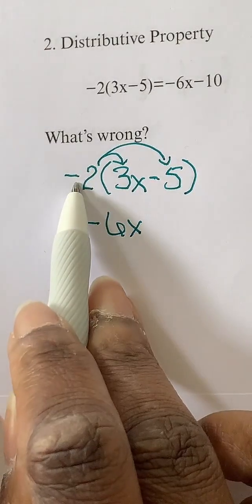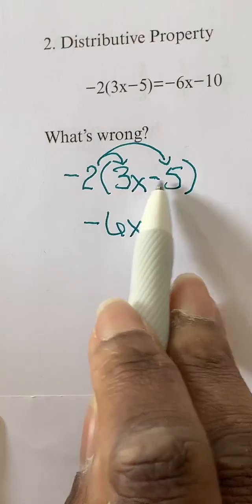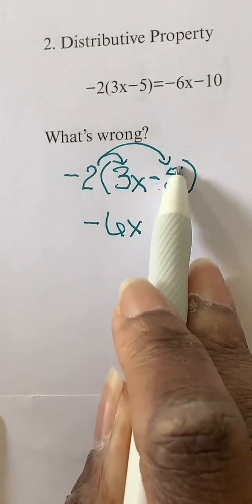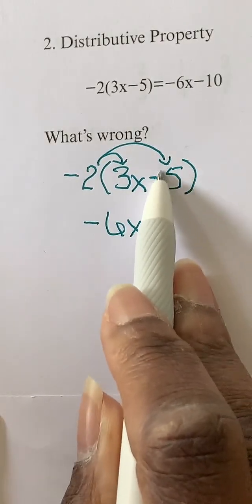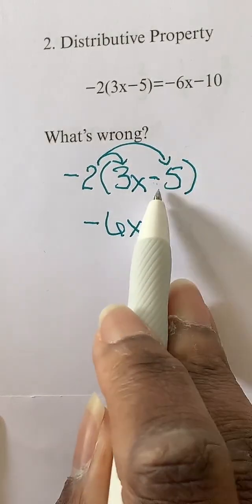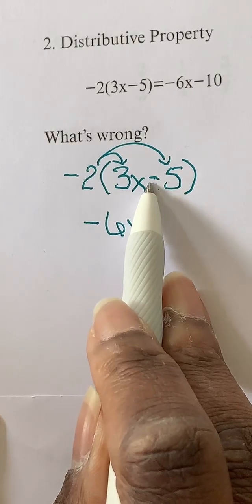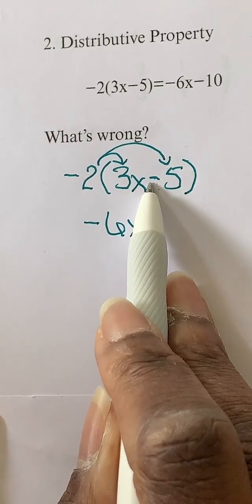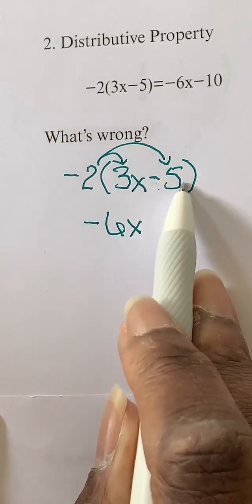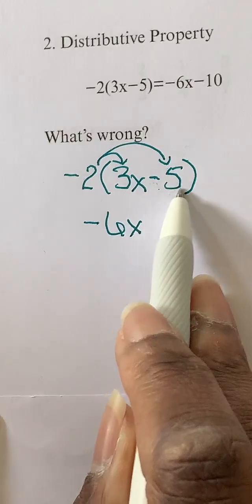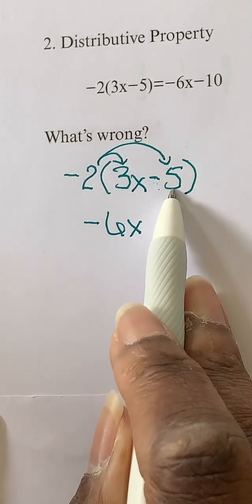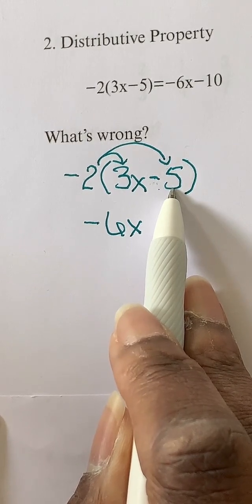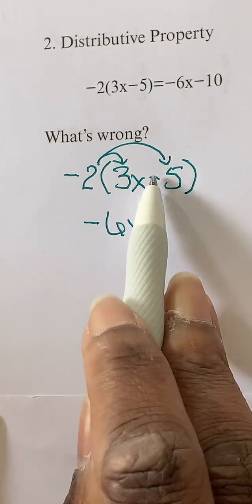So we have a negative 2 times a negative 5. I know a lot of people say, well, it's minus a negative 5. No. When we start doing distributive property, we have to think of these operations as integers. I think it makes it so much easier. So if you think of this whole minus 5 as a negative 5, that will make it easier to figure out, are they the same sign or are they different? We have 2 of the same signs.